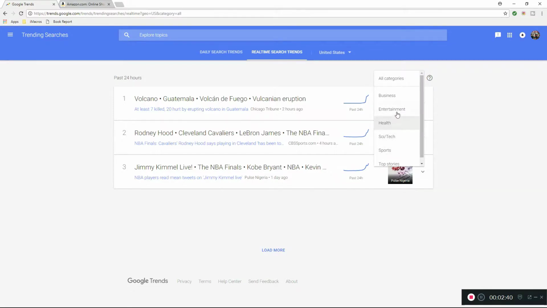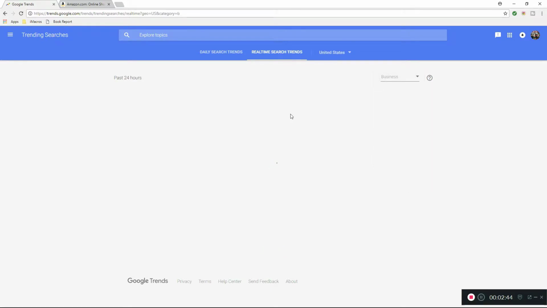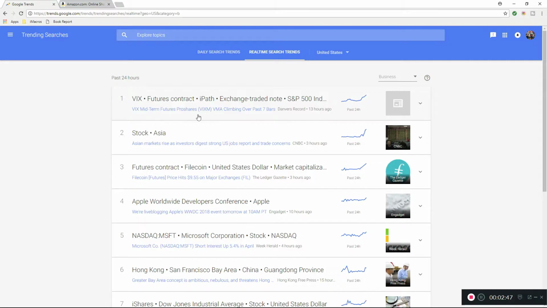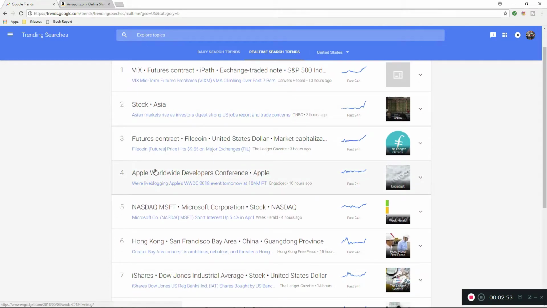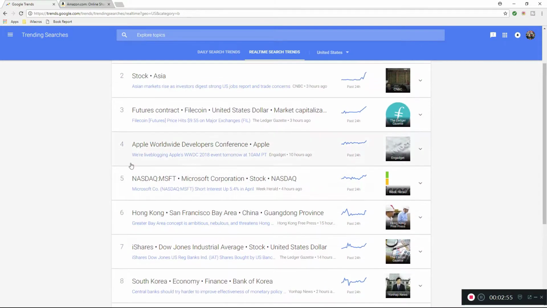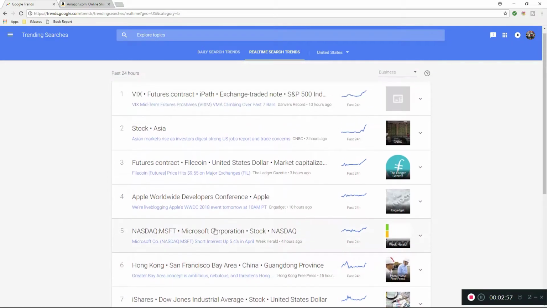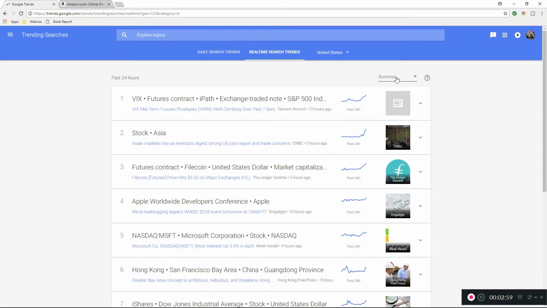So just to give you an example, if you wanted to look up keywords related to business, you could search through here. So we have VIX, futures contracts, iPath, Asian stocks, the Apple Worldwide Developers Conference, NASDAQ, etc. Now, I did catch something on the front page related to FIFA.